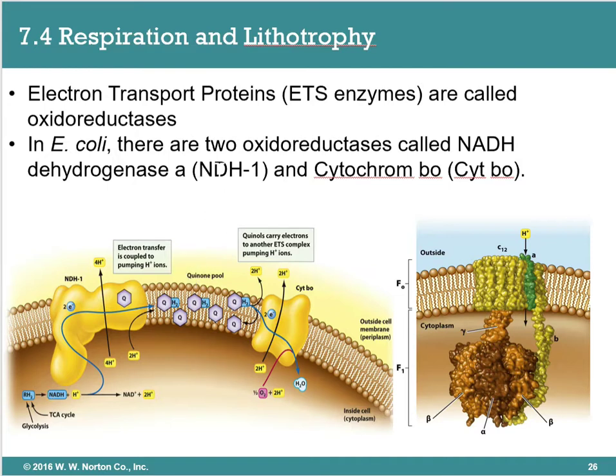It uses NADH1 and then SIBO. So in order to generate its energy, it has to use these two proteins. And what ultimately happens is that the NADH1 transfers electrons to a molecule called Q, and then this Q carries these hydrogens across the membrane and everything.